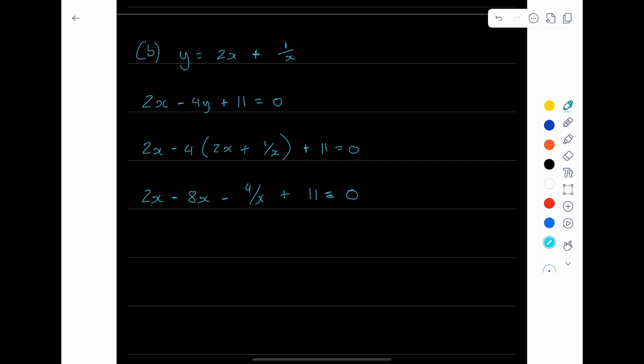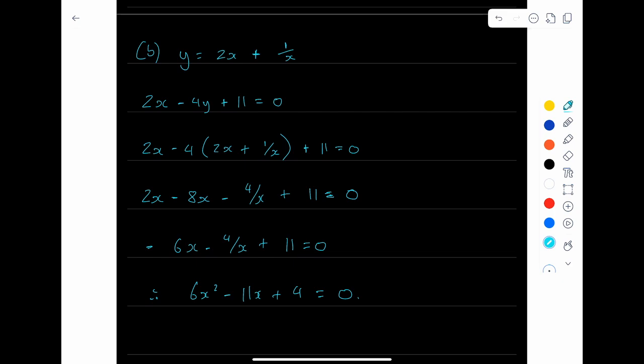It collapses into a nasty looking equation. 2x minus 8x minus 4 over x plus 11 equals 0. Okay, now don't panic. If we tidy this up, we've got negative 6x minus 4 over x plus 11 is equal to 0. If we multiply through by x, suddenly it looks way nicer, because we get 6x squared minus 11x plus 4 is equal to 0.